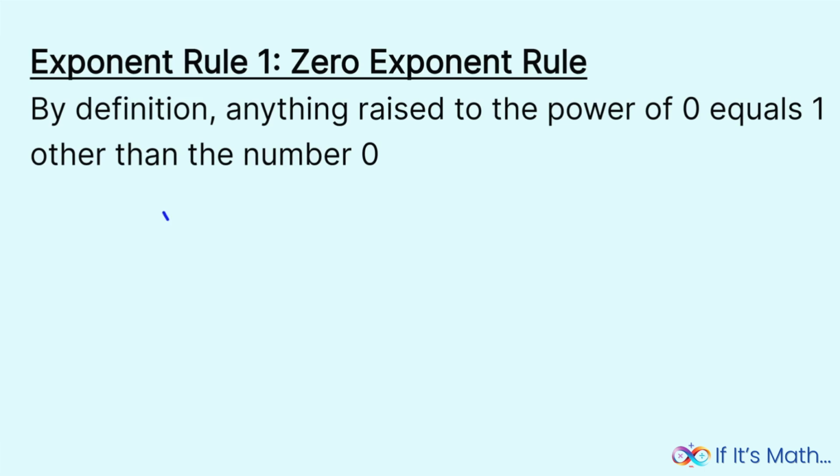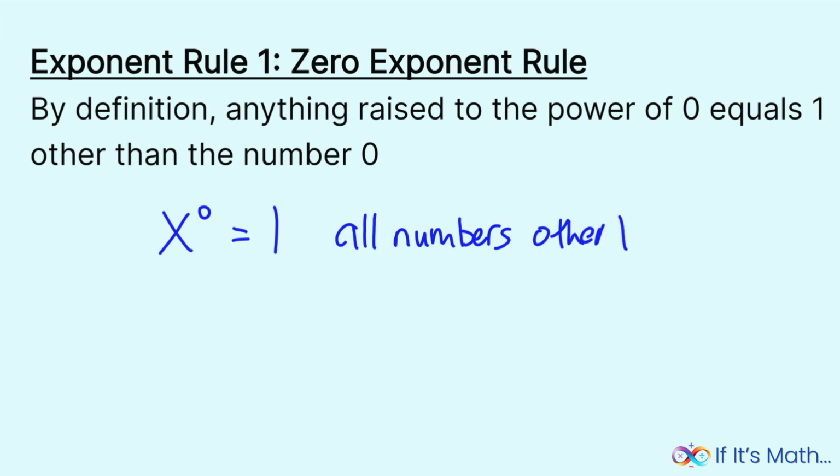What we know is that x to the 0 power equals 1 for all numbers other than 0. So 0 to the 0 power, we have no idea what that means. It's not even defined. Just remember that anything raised to the 0 power other than 0 is going to equal 1.